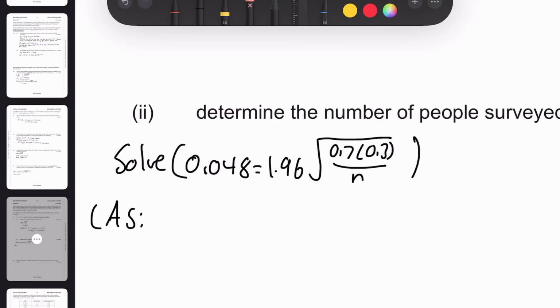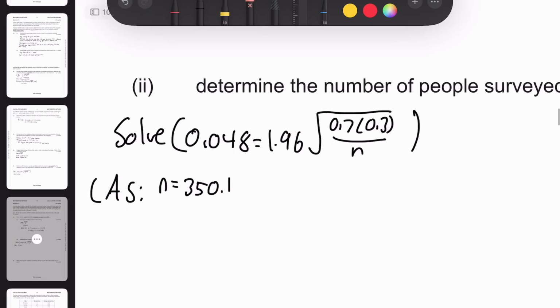I get n is equal to 350.1. So then we can say roughly 350 people surveyed.